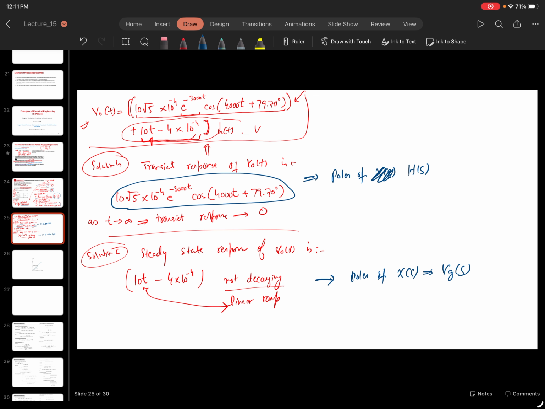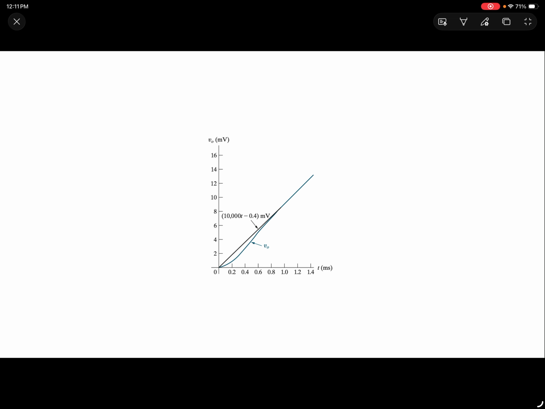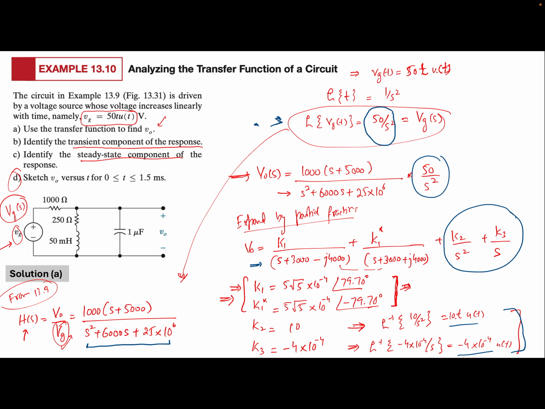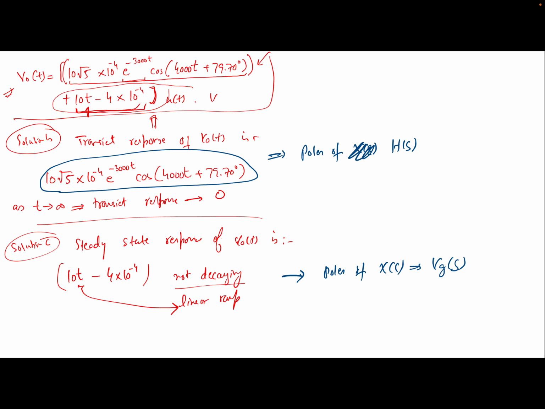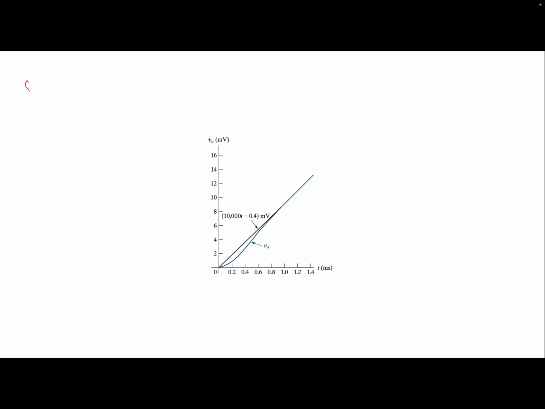After doing that, the last thing is we need to sketch V naught of t between 0 and 1.5 millisecond, and here's a sketch. On the x-axis we have time in milliseconds, on the y-axis we have V naught. And this is interesting: this linear line over here is the steady state response, 10,000 t minus 0.4 millivolts.